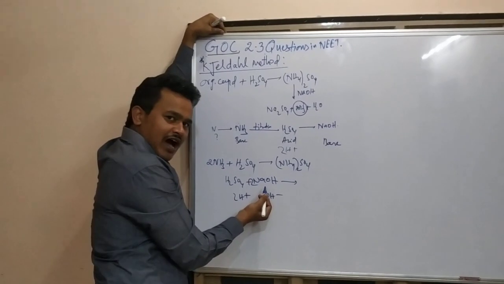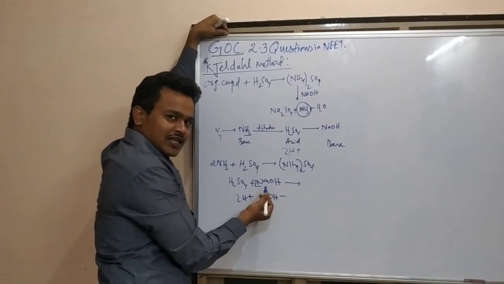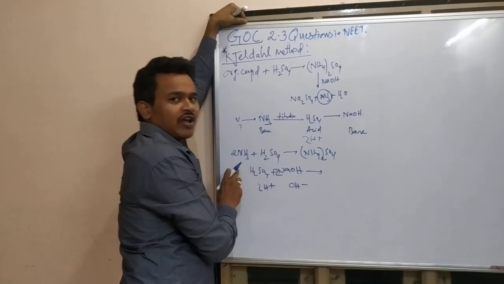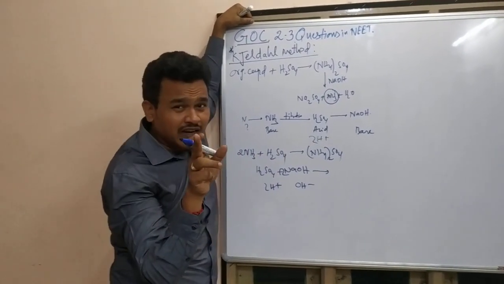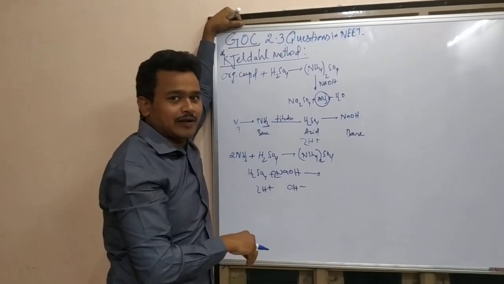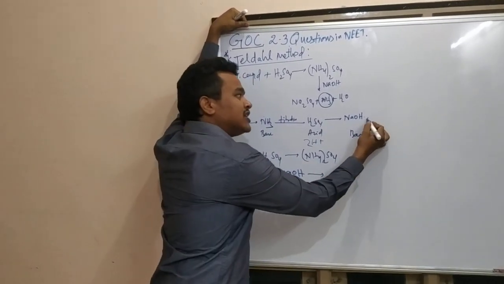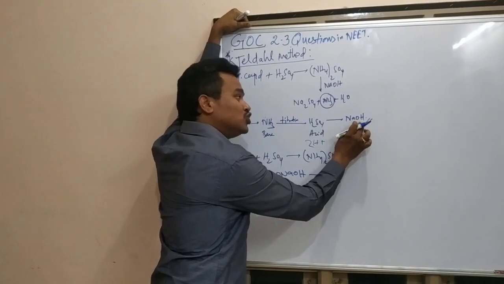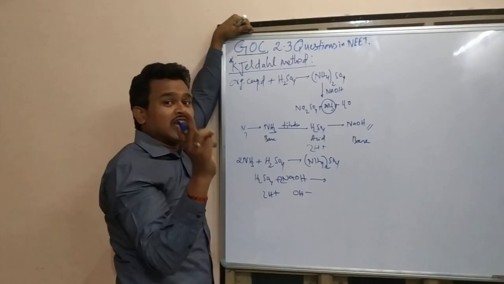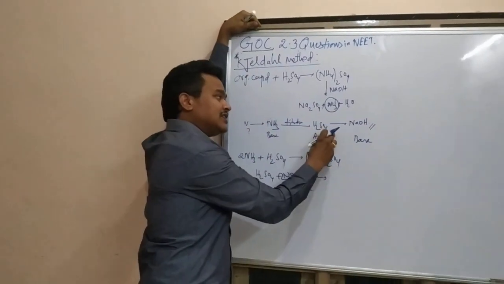When 100 reacted, how much H2SO4 participated? Half, 50. What is the meaning of that? 50 moles of H2SO4 remaining. Why am I going to use NaOH? NaOH is used to calculate the remaining amount of H2SO4 in this process.